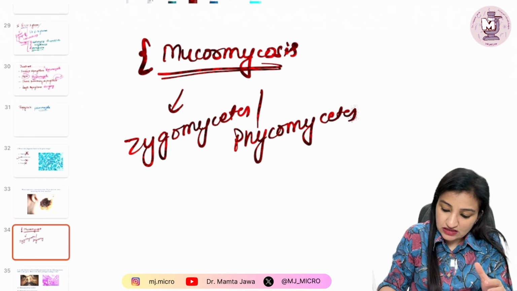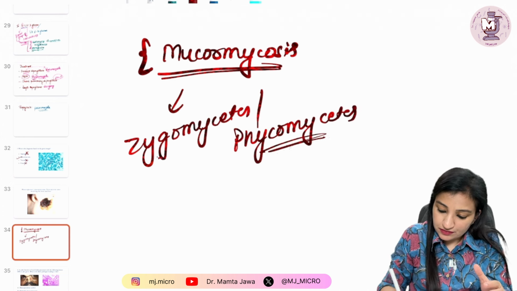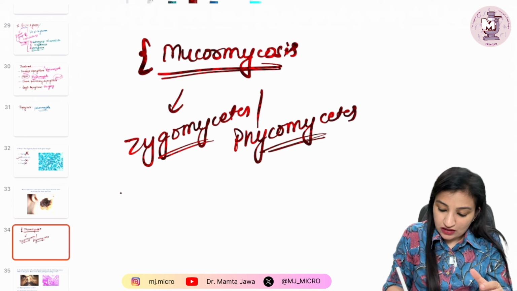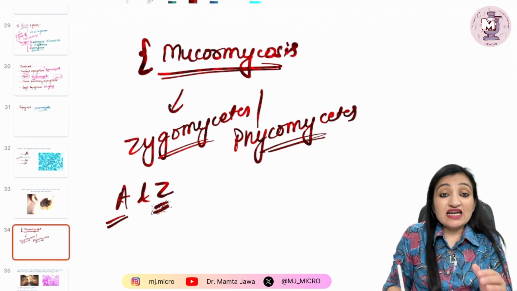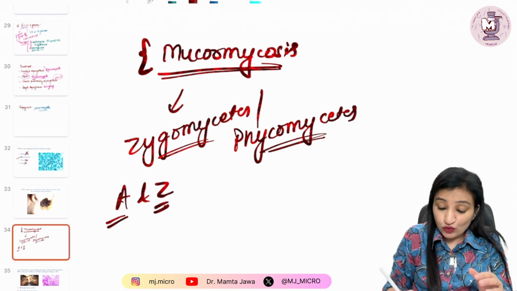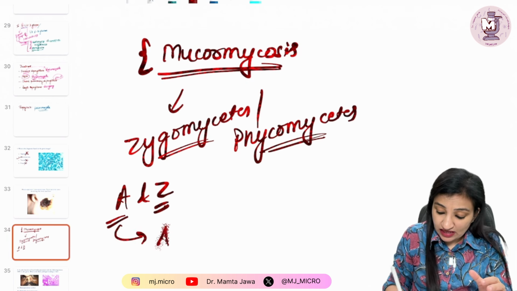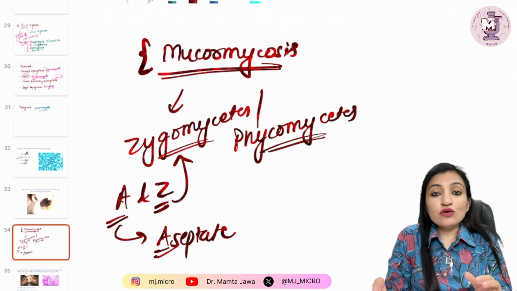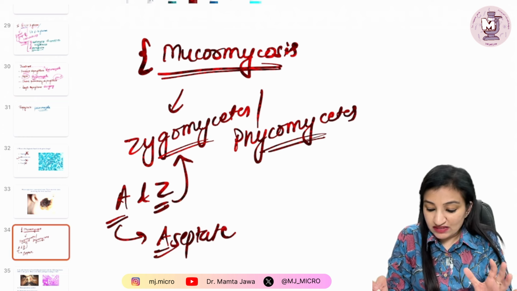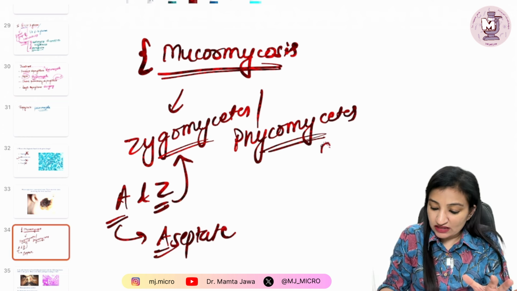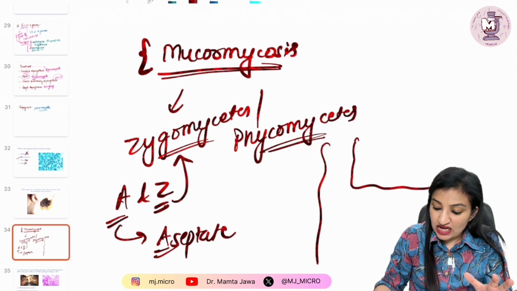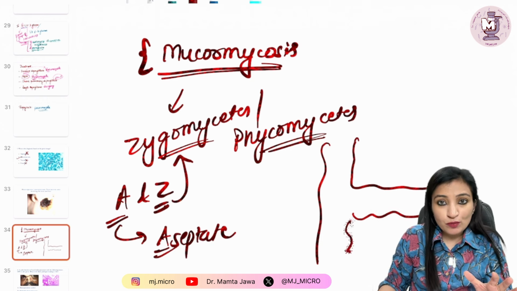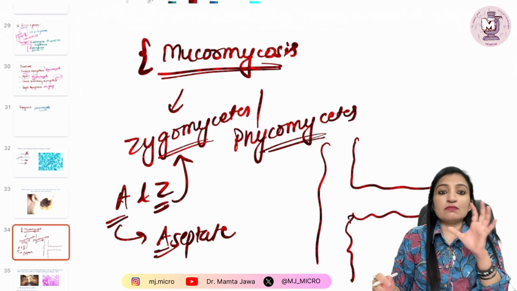Phycomycetes. Now, A and Z are the first and last alphabets in English. So I would want all of you to remember that A stands for aseptate and Z stands for Zygomycetes. So remember, Zygomycetes have aseptate hyphae, and these hyphae are branching at a right angle or obtuse angle, and they are broad, ribbon-like hyphae.